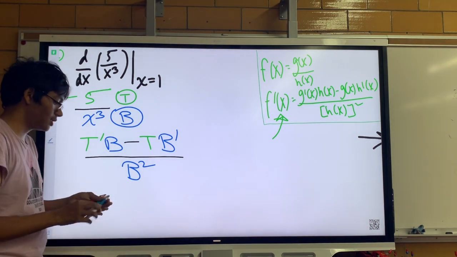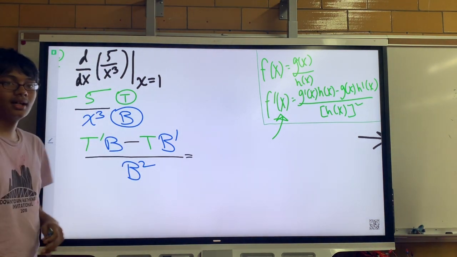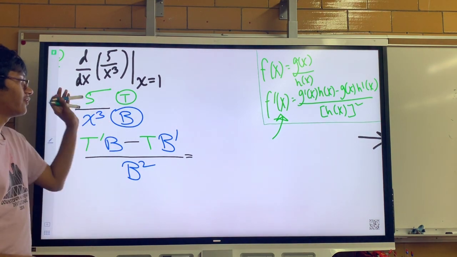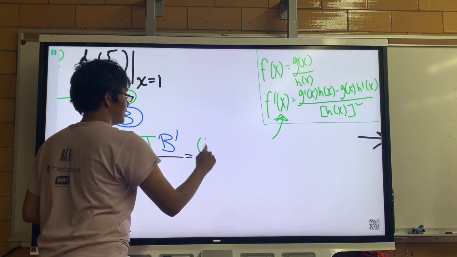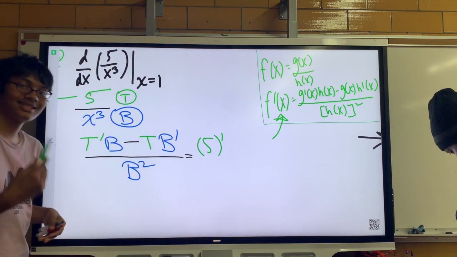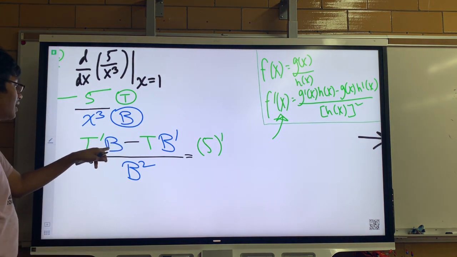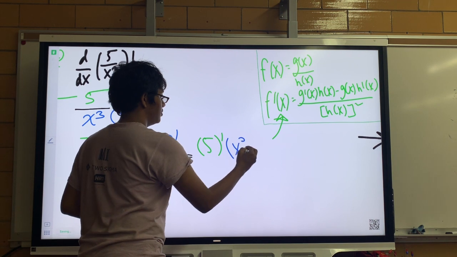This one's much easier because we don't have a polynomial on the top. We just have a single integer, 5. So, I'm going to replace t by 5 prime, because we're going to take the derivative of 5, multiplied by the bottom function, which is simply x cubed.